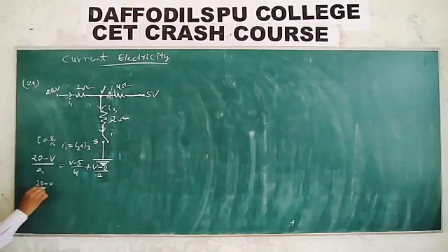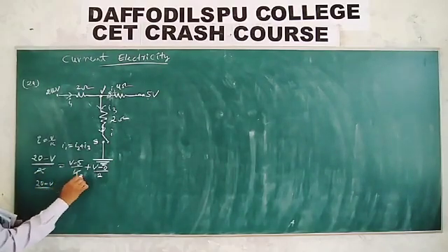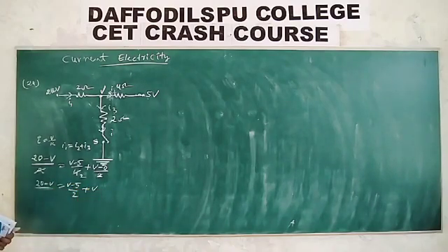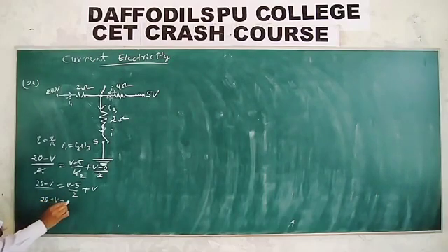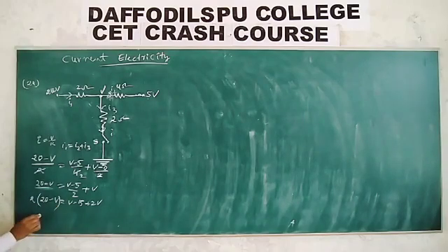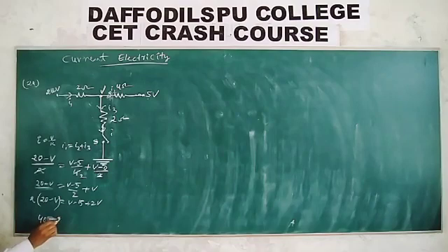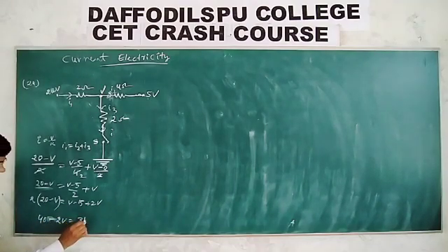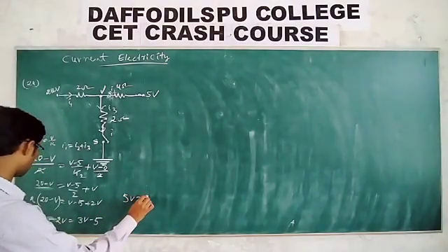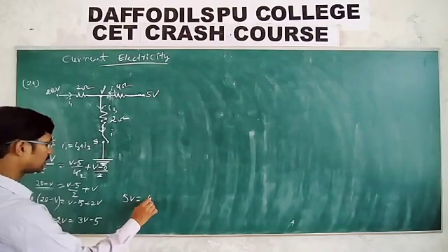Then multiply by 4: 20 minus V by 2 becomes 2 times, and we get 20 minus V is equal to V minus 5 plus 2V into 2. Then 40 minus 2V is equal to 3V minus 5. Then 5V is equal to 40 plus 5, 45.